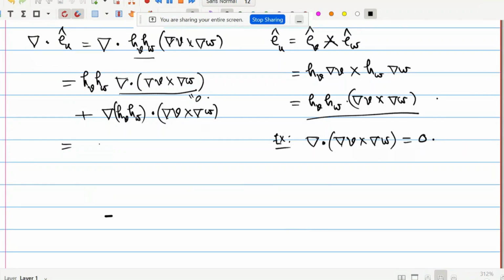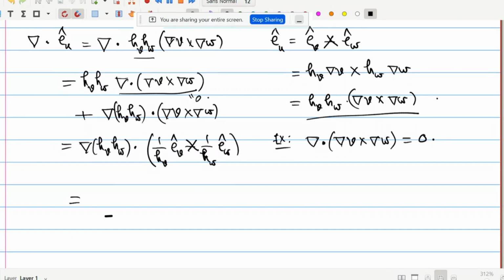So this will give me 0, and what you get is the gradient of HVHW. Now, dot product with what is the gradient of V cross the gradient of W? We already calculated 1 by HV EV cap, cross product with 1 by HW EW cap.